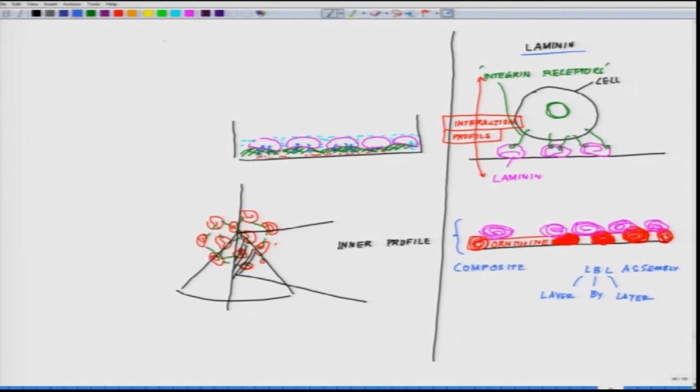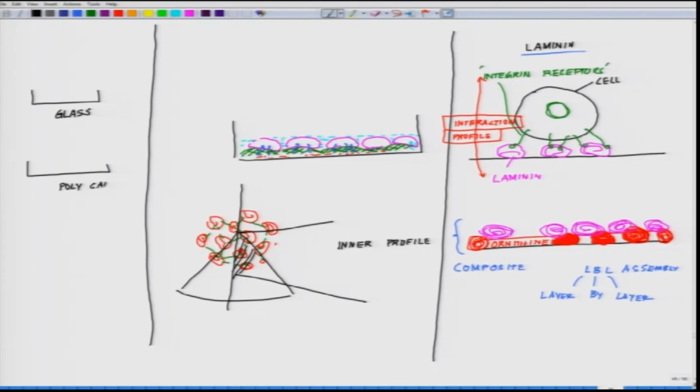Now, coming to one aspect which I haven't touched: are you growing in 2 dimensions on glass or on polycarbonate? Your options mostly fall under these two, glass or polycarbonate.